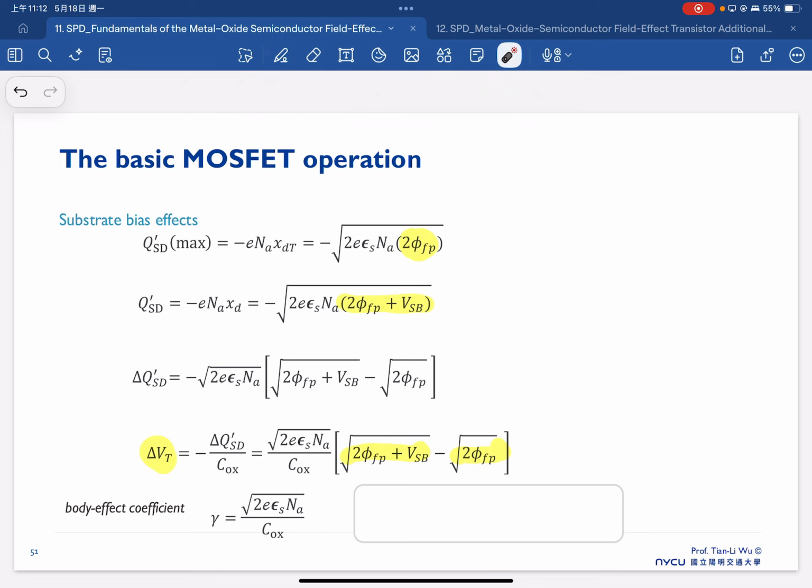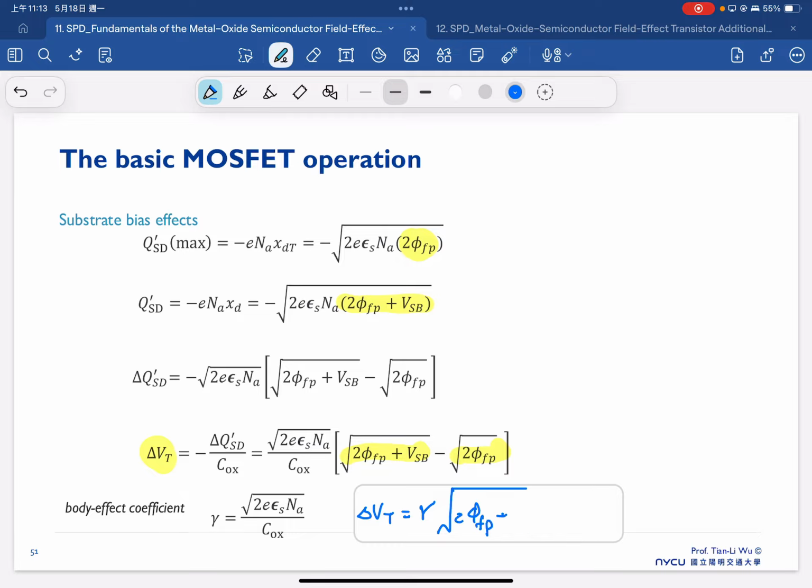We define this as a body effect coefficient, and therefore the delta VT is equal to this one, times the square root of 2 phi F plus VSB minus the square root of 2 phi F. So with additional substrate bias, that will cause a threshold voltage difference.